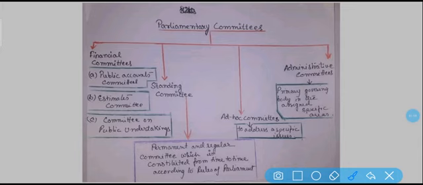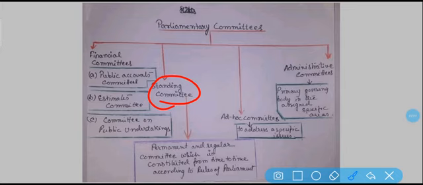For that reason it is known as the permanent or regular committee, and it is constituted from time to time according to the rules of the parliament. So whatever the parliament needs, or whenever the parliament is discussing any issues, it is always there, and it works according to the rules of the parliament from time to time. So that is known as a standing committee, which stands for the parliament at all times.